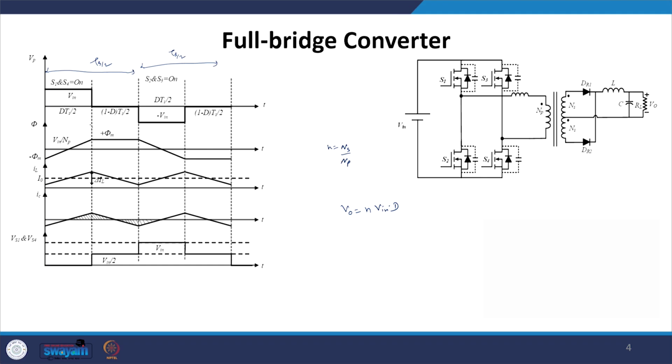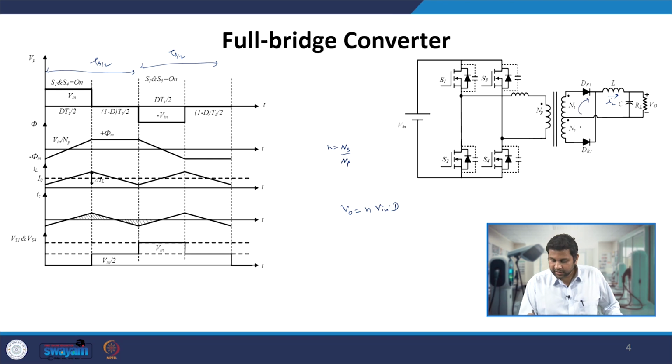During this Ts by 2 period, for some portion of the Ts by 2 period, the S1 and S2 are on, and then we have seen how the flux rises, and how DR1 is conducting during this time. And whenever S1 and S4 are off, the current through the inductor IL is such that it ensures both the diodes turn on.